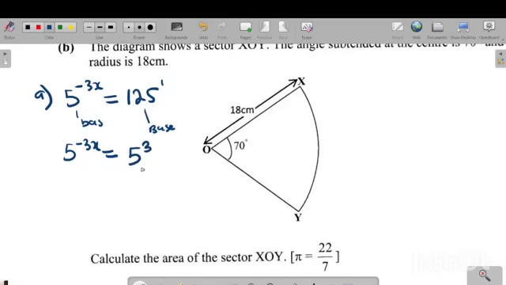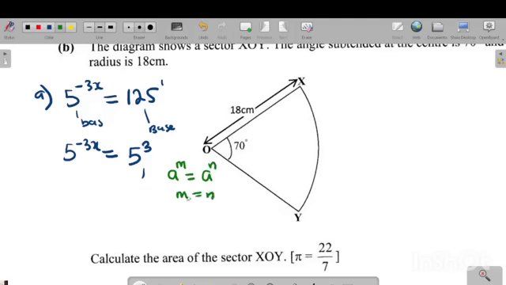All right. Now, by the laws of indices, if you have a base A that has been raised to the power m, which is equal to the same base A that is being raised to the power n, then it means that m is equal to n.